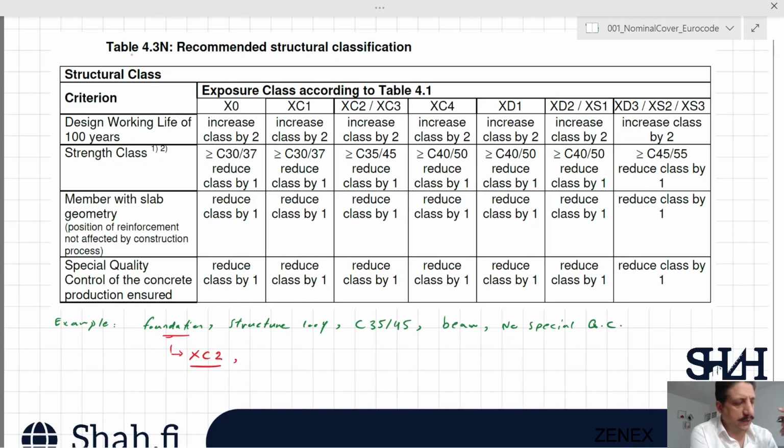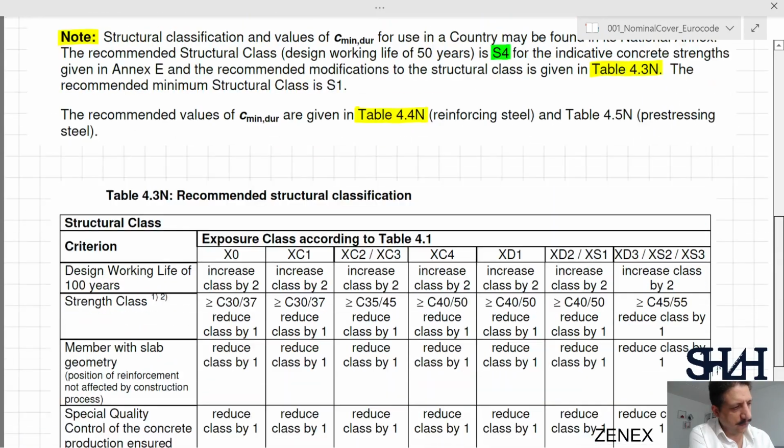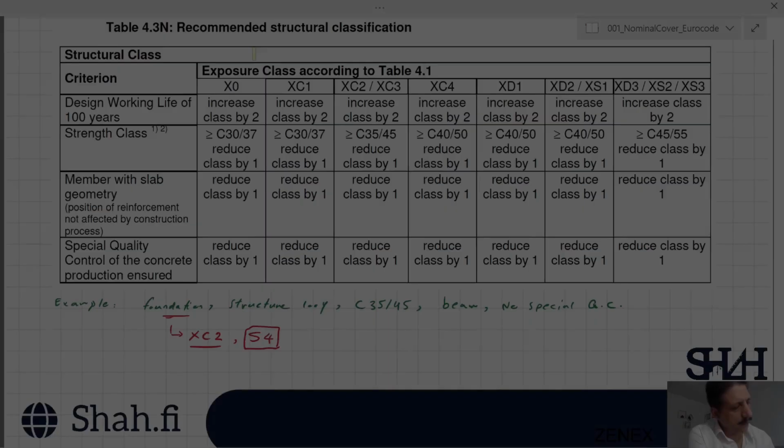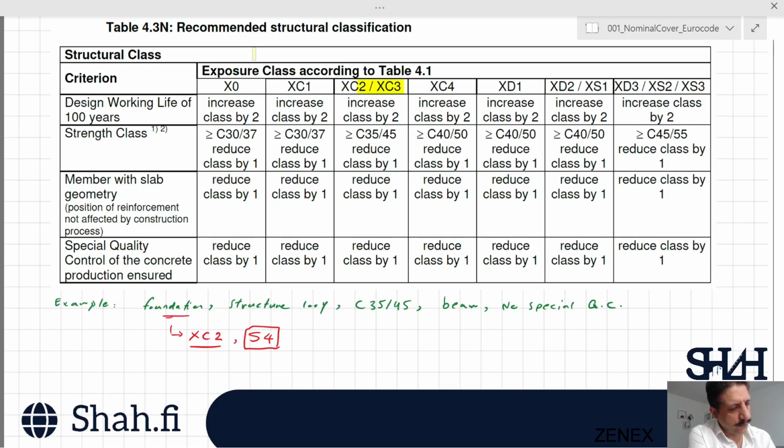And then we need to find out what kind of a structural class we have. We always start with S4, and then we come to Table 4.3. XC2, we are here. And design working life is 100 years. So then we need to increase the structural class by 2, so it will be S6.